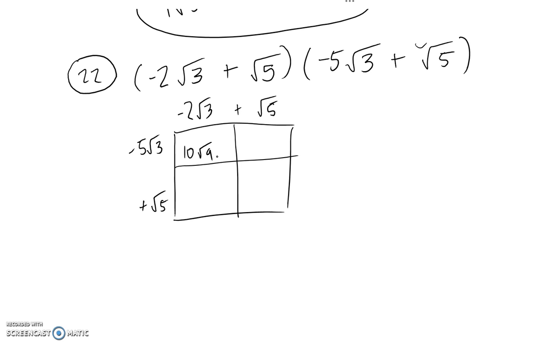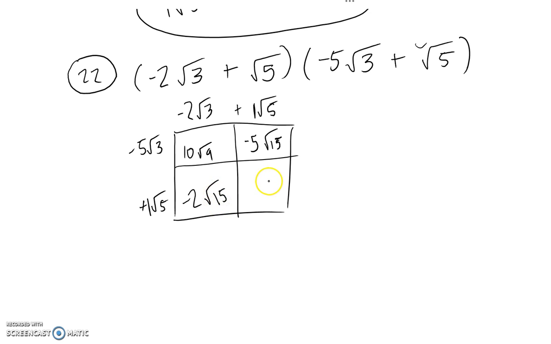In the upper right corner, remember invisible 1's right here. -5 times 1 is -5, square root of 5. I'm sorry, that was a mistake. Shame on you. This would be a 15 right here. 3 times 5 is 15. Bottom left corner, -2 times 1 is -2, square root of 15.